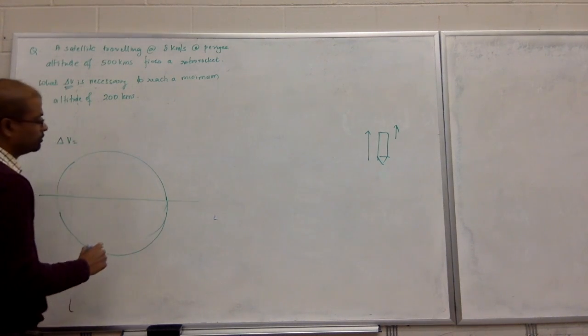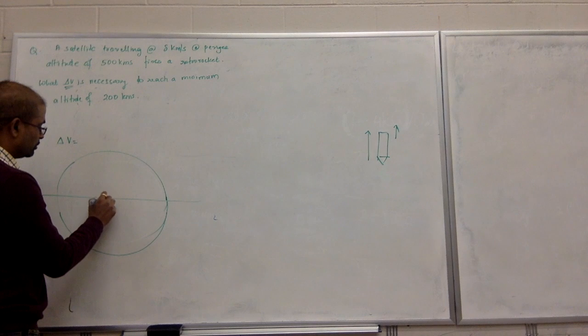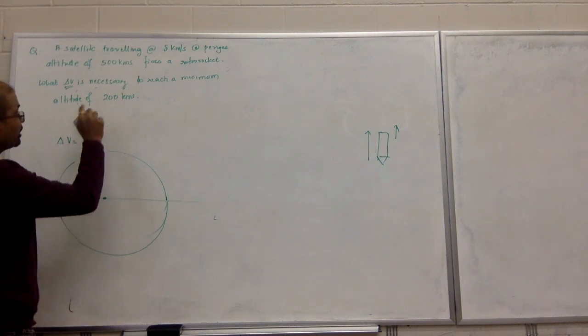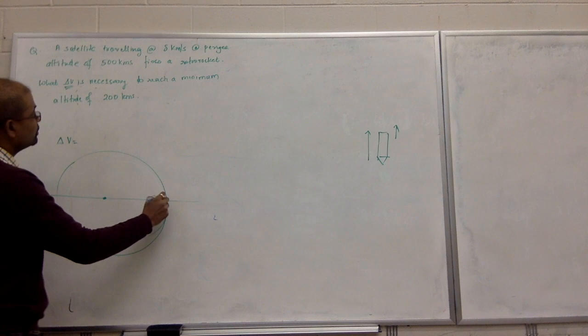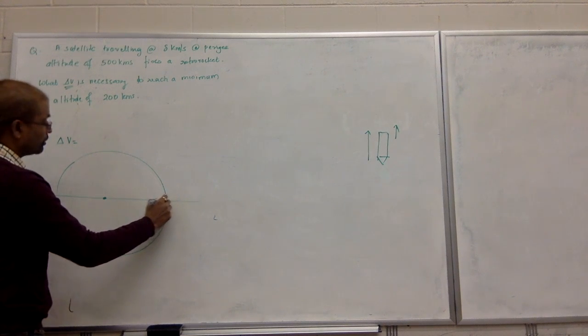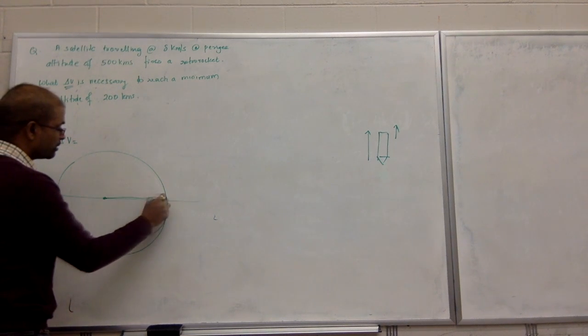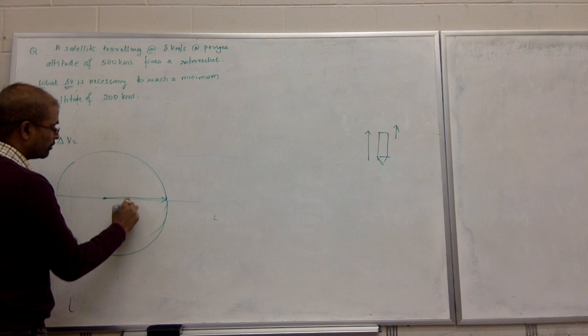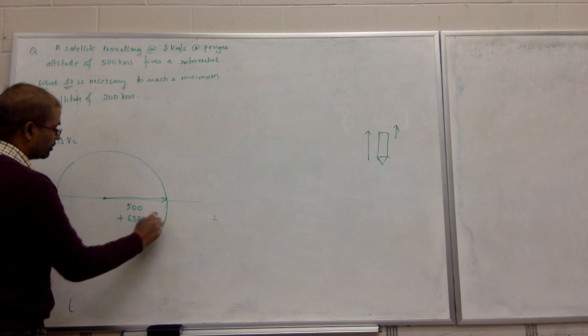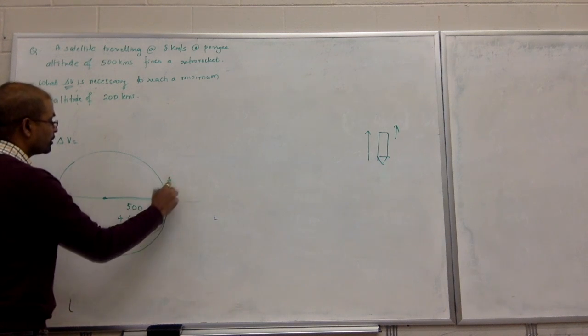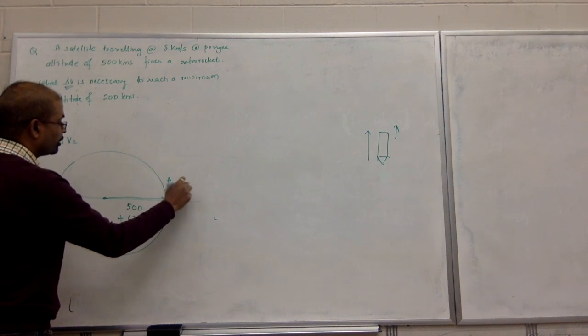Look at it. All it says is a satellite traveling at 8 kilometers per second at perigee altitude. Okay? So this distance is 500 kilometers plus the radius of the Earth. What is the velocity here? 8 kilometers per second.